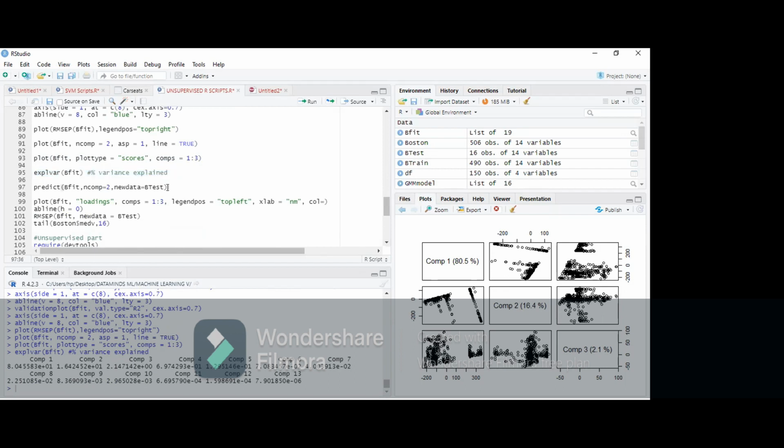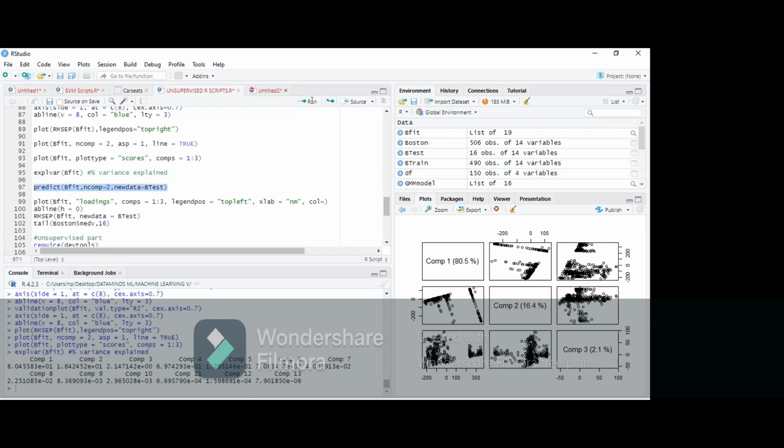Now let's predict. I want to predict B-fits with the new data. We want to predict based on what we already have from the training set. And you can see that our new data is B-tests. So let's see what the prediction looks like.